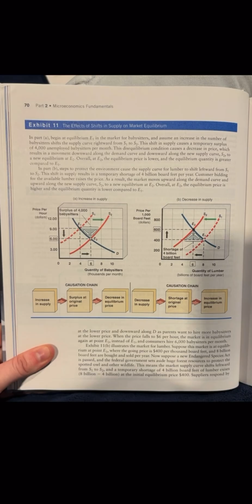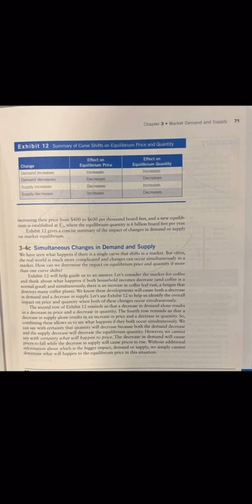This means the market supply curve shifts leftwards from S1 to S2, and a temporary shortage of 4 billion board feet of lumber exists at the original price of $400. Suppliers respond by increasing their price from $400 to $600 per 1,000 board feet, and a new equilibrium is established at E2, where the equilibrium quantity is 6 billion board feet per year.